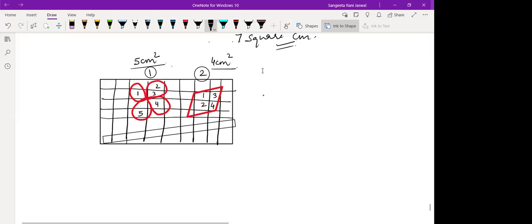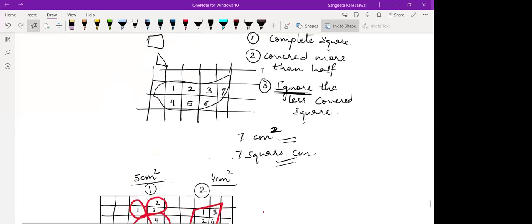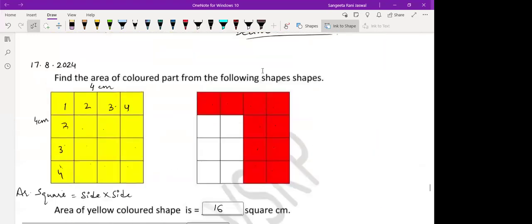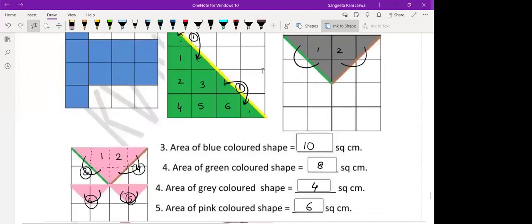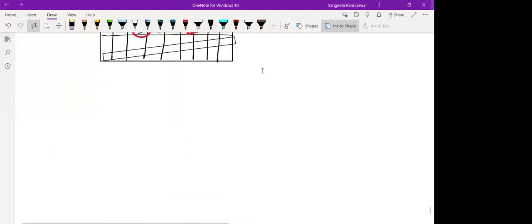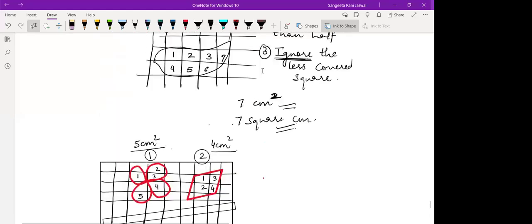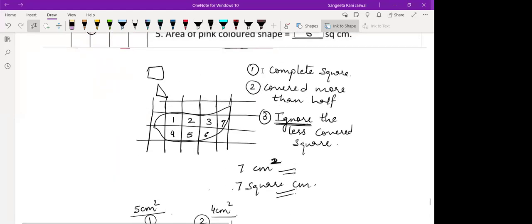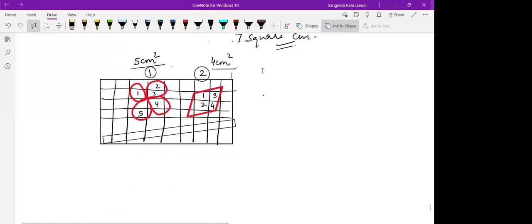So these were very basic sums which you have already done in your junior classes. This was just a recap of that. Now we'll come to some statement sums. I hope everyone is clear with this. For homework, I'll give you some shapes made in a grid form.